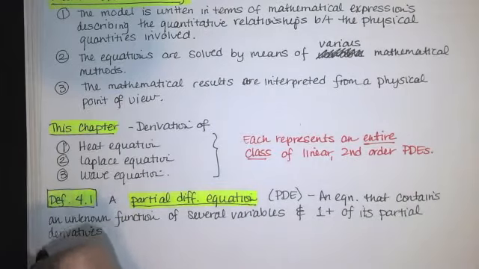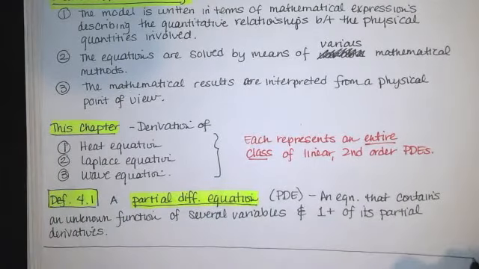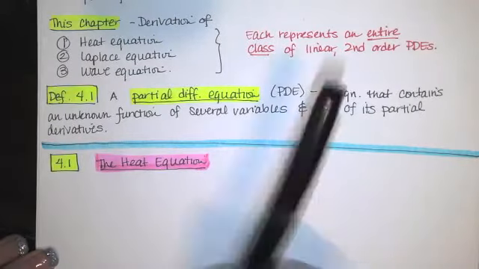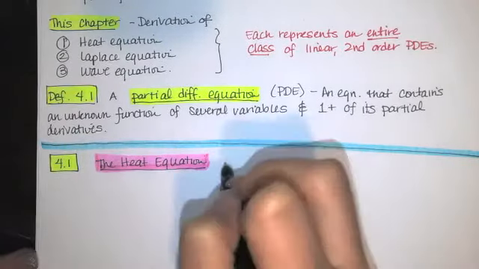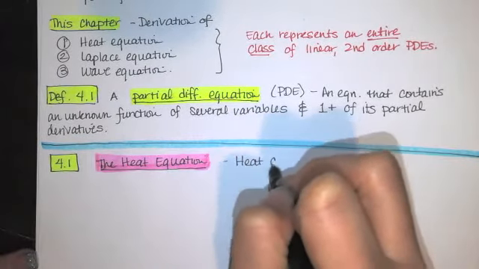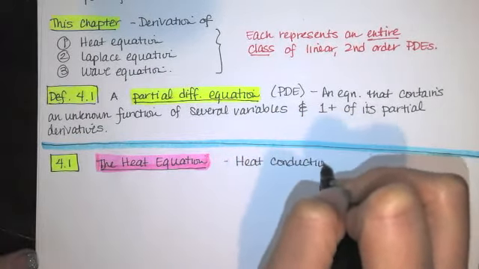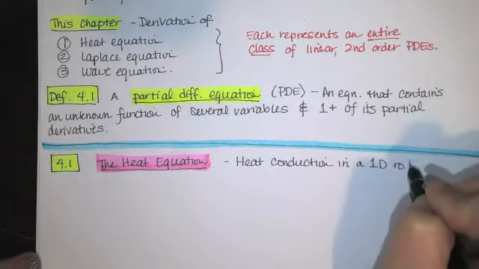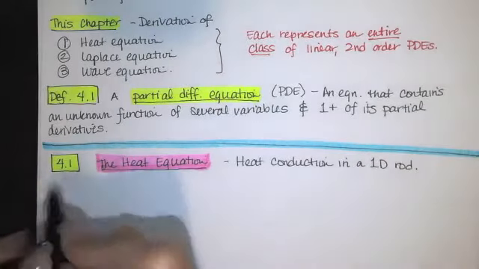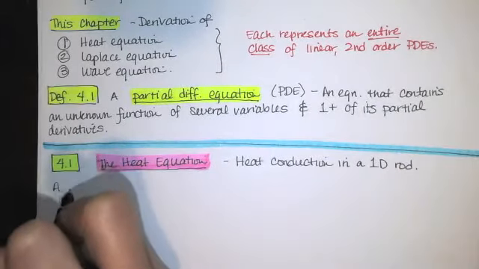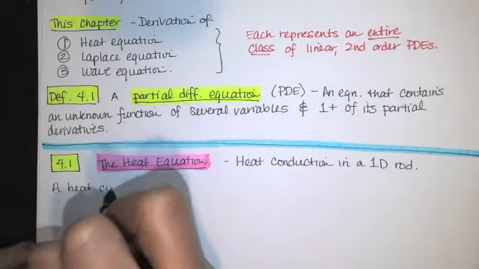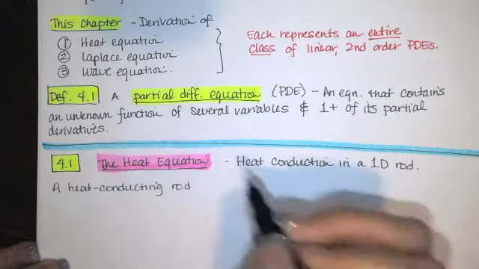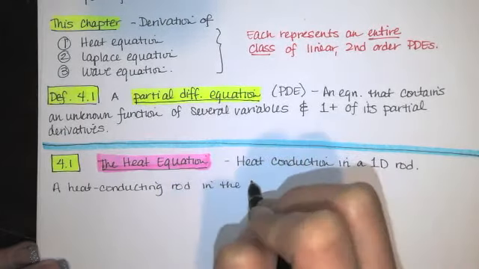So now let's talk about the heat equation. Specifically, we'll be talking about heat conduction in a one-dimensional rod. Okay, so let's say we've got a heat conducting rod in the shape of a thin cylinder.